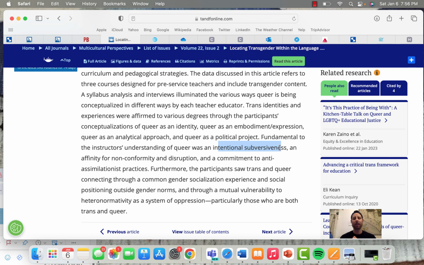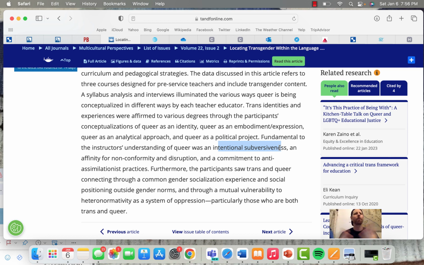This author is describing it as nonconformity, as disruption, anti-assimilationist, right? So not being assimilated or feeding into the status quo, whatever you're supposed to do, right? You should do this, right? So it's sort of like resisting shoulds, right? I like that definition of queer, and that's often how I think of it.